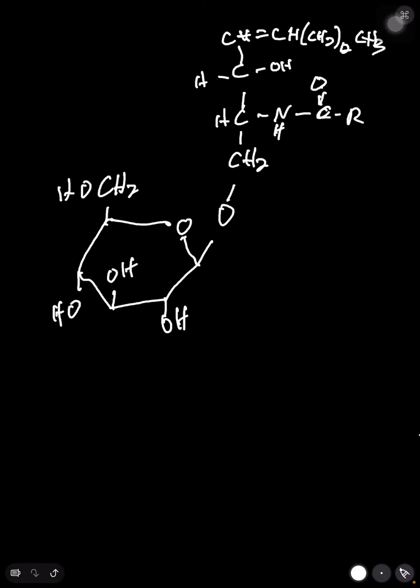All right. So that's what the picture should look like, figure 8.7. They forgot to put this guy in there. That's important. You always have to have that linking O whenever you have a glycosidic linkage.